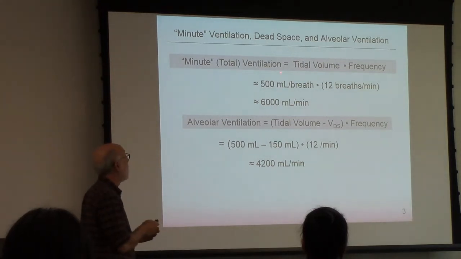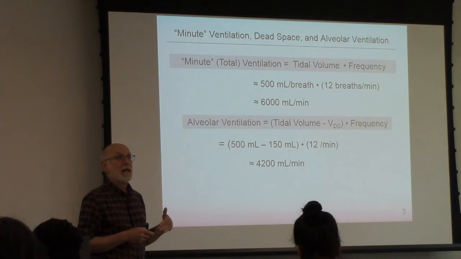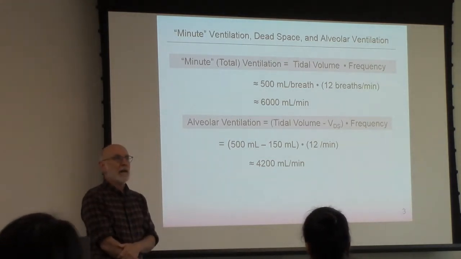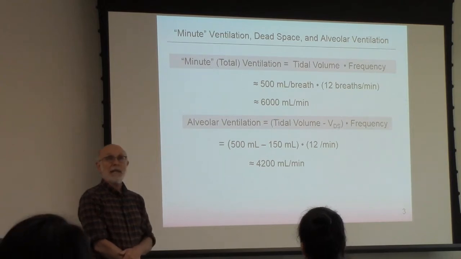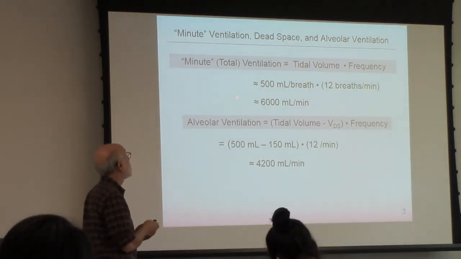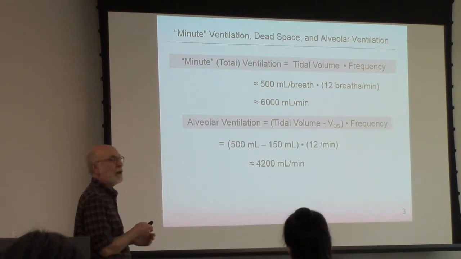The numbers here are not to be memorized, because they're just typical. They're not accurate in any individual setting. They're just typical values. A typical tidal volume is 500 milliliters.